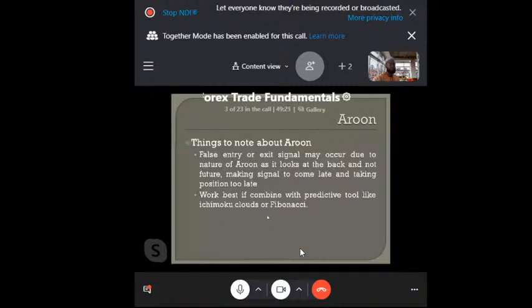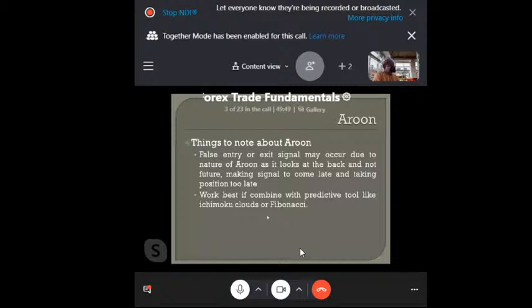Okay. Things to note about Aroon. False entry or exit signal may occur due to the nature of Aroon, as it looks at the back and not the picture. Can you see the reason? It gives you the signal too late. It has already passed before it will give you, making the signal come late.